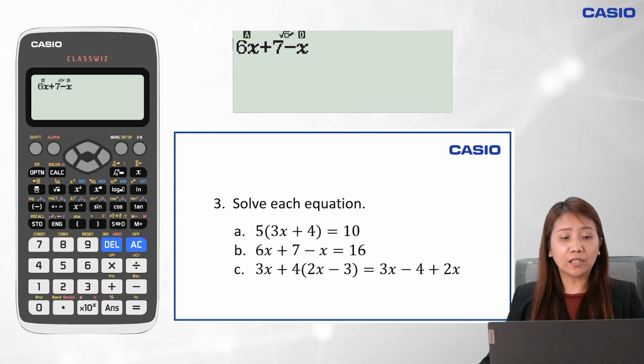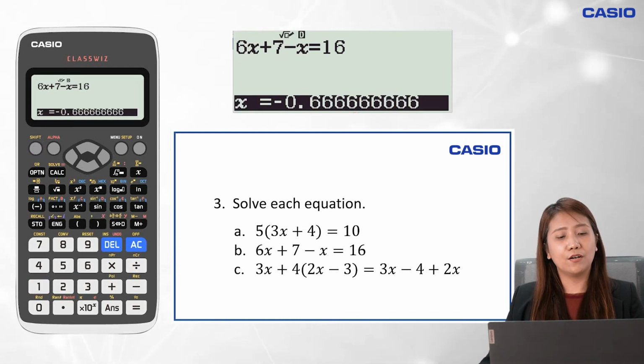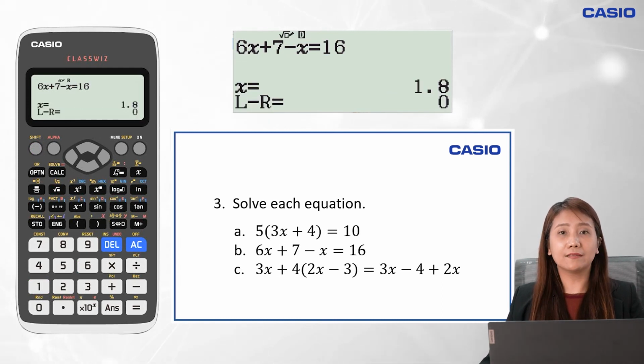We click on alpha calc for the equal sign, and we input the second side of the equation, which is 16. We press shift calc, followed by the equal sign, which will give us a value of x equal to 1.8. So the solution of the second equation is 1.8.